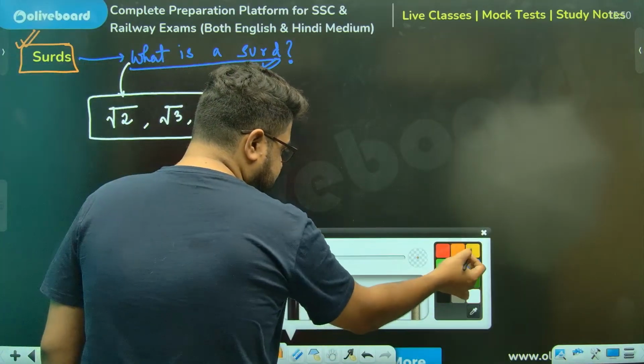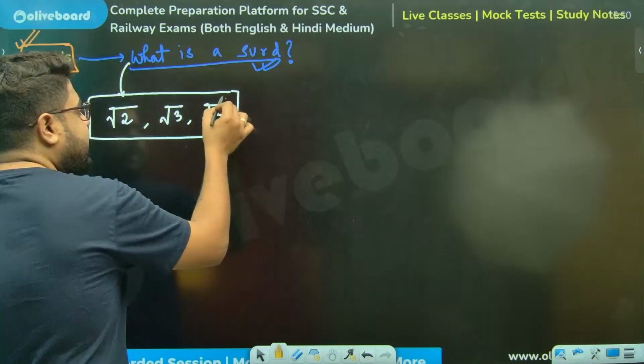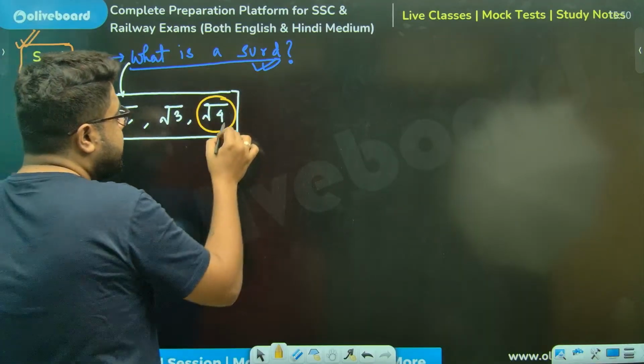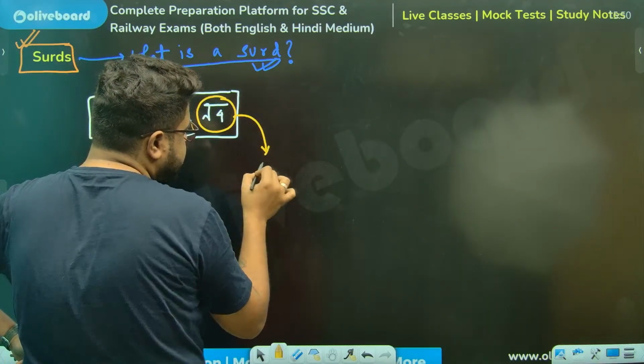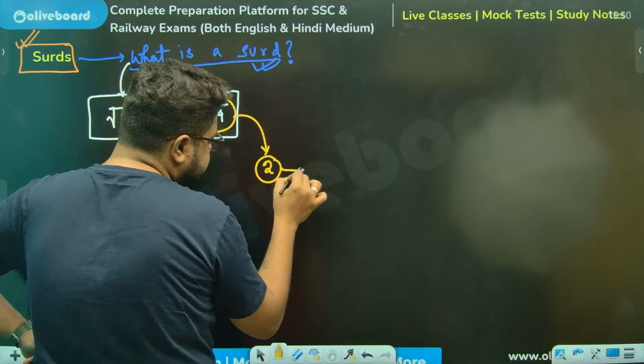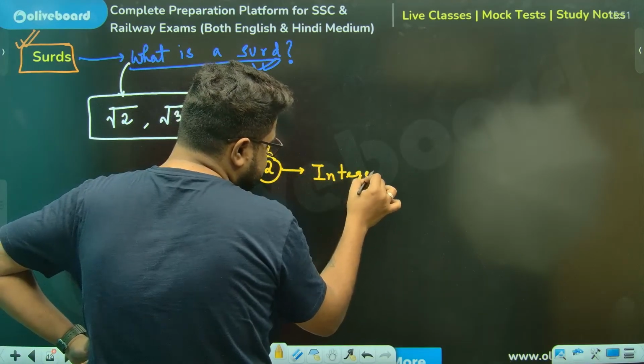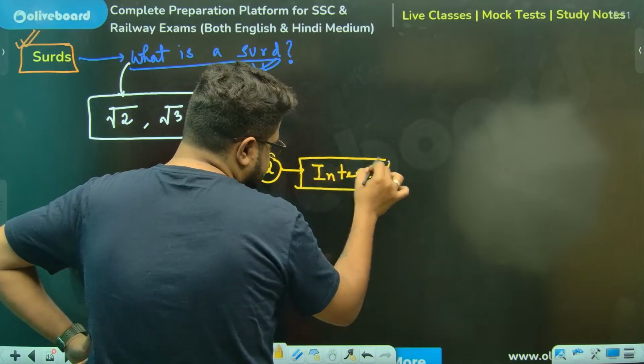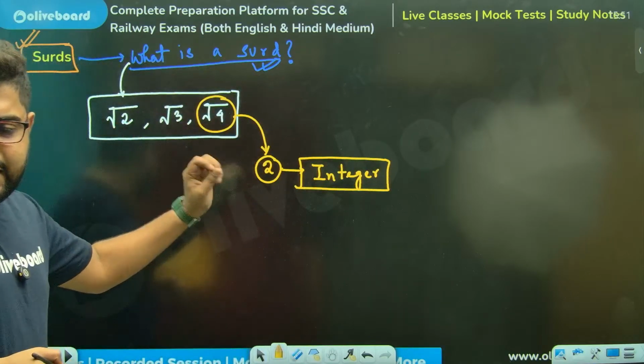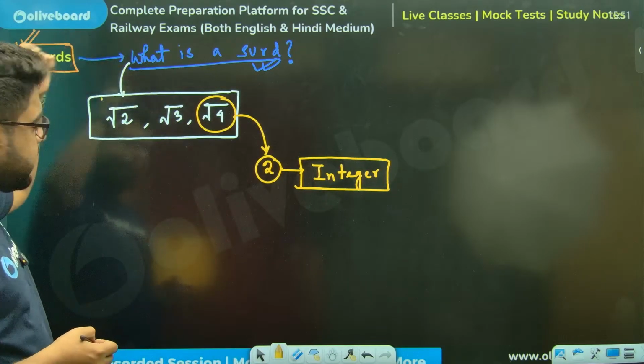Now please understand this. If I start from the right hand side, this value is 2. This is an integer or natural number, whatever you call it. But can you say the same for root 2 or root 3?